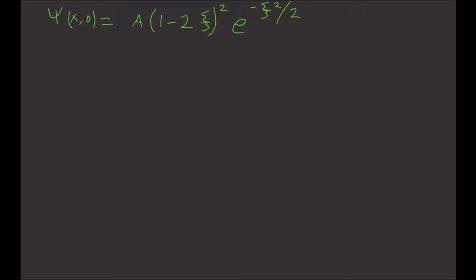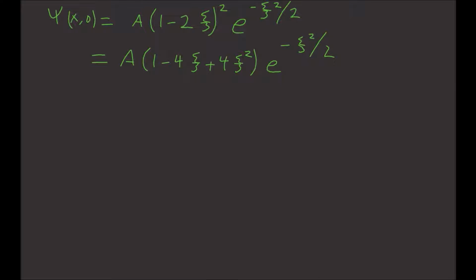Okay, so let's expand this parentheses. So our wave function now is A times 1 minus 4 squiggly plus 4 squiggly square, times e to the minus squiggly square over 2.